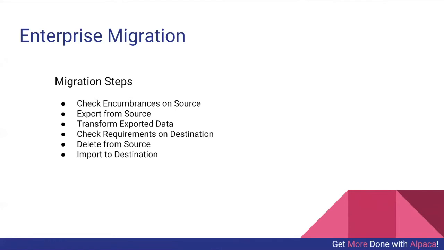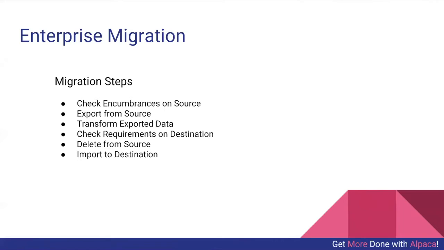An encumbrance is something about the source that would make it difficult to move the object in question. For instance, if you were doing a user migration, and this is the answer to the question that Trevor pointed out there.